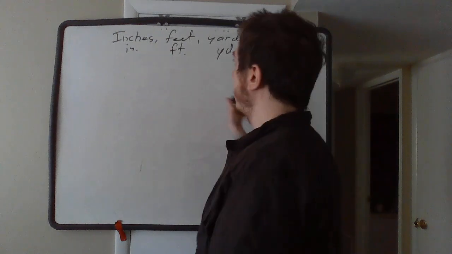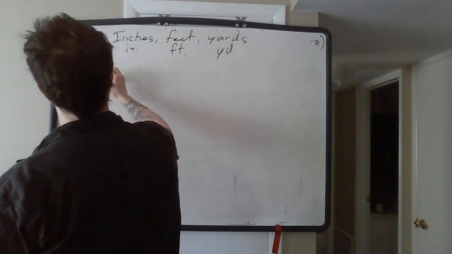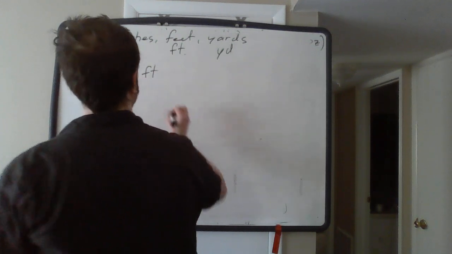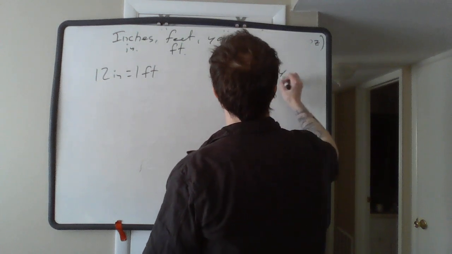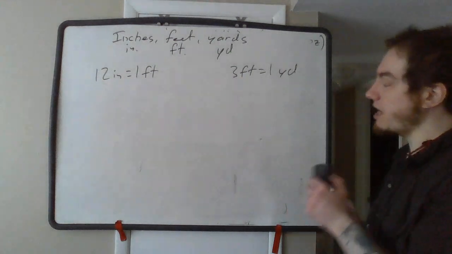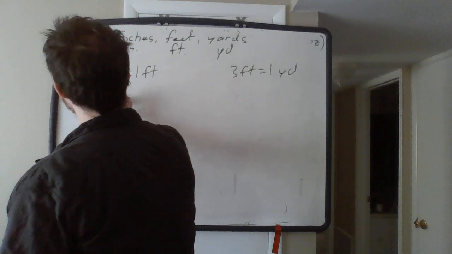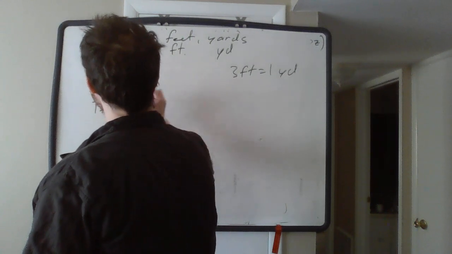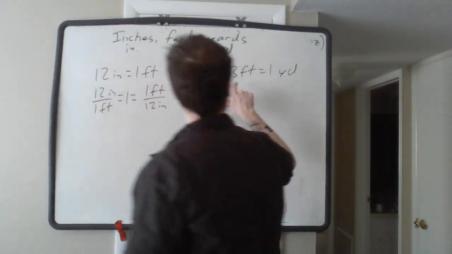What are the relationships between these things? Well, what we know is that 12 inches is equal to 1 foot. We also know that 3 feet is equal to 1 yard. And from this, I can compute my conversion ratios, because this tells me that 12 inches over 1 foot equals 1, and that's also equal to 1 foot over 12 inches.